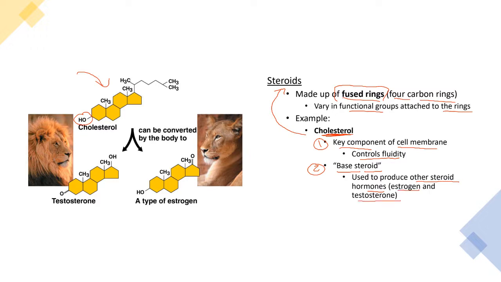If you look at cholesterol over here, you use this to make testosterone and estrogen. How different is cholesterol from, let's say, testosterone? Not really. The only thing that changes is pretty much this, and of course probably this part over here.